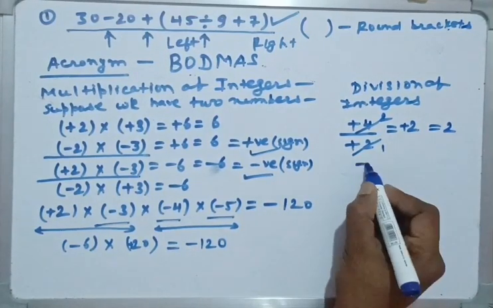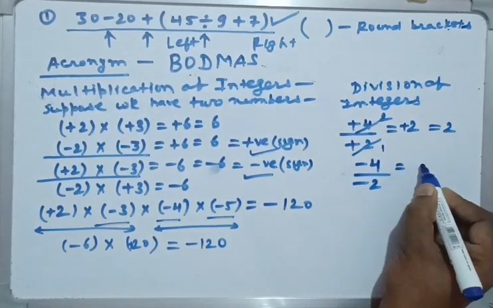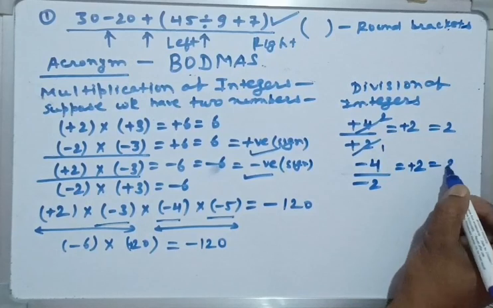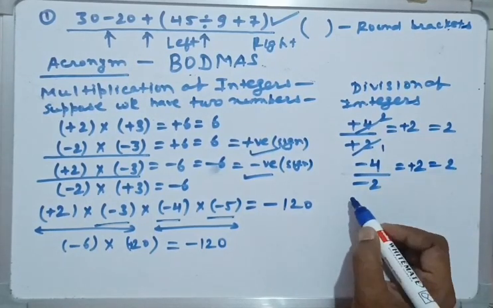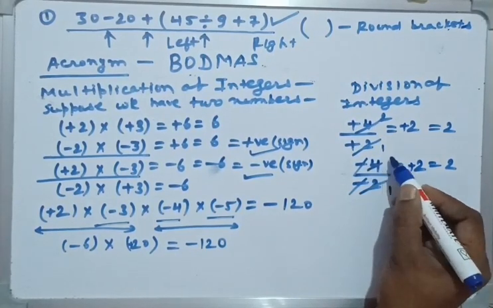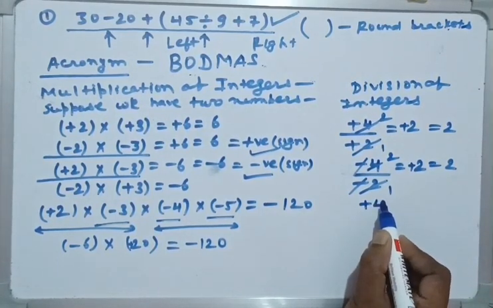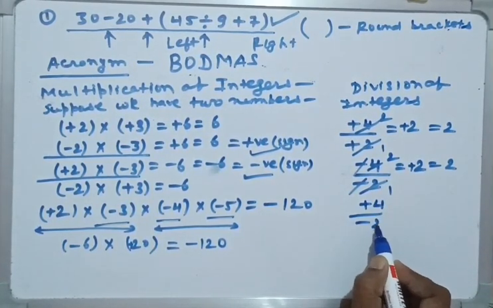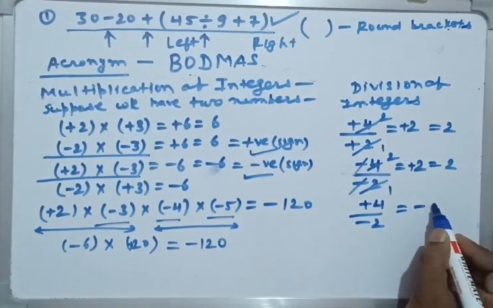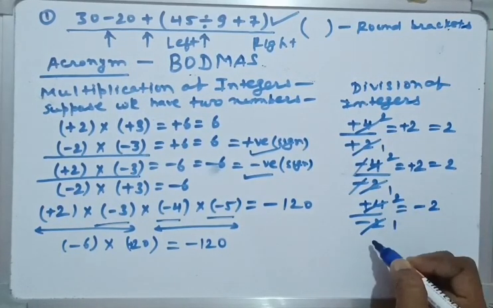Second case guys, if the first number is negative divided by -2, then the answer must have a positive sign, +2, or you can write it as 2. So you can cancel the negatives, 2 ones are 2 and 2 twos are 2. In that case, suppose the first number is positive and the second number is negative. Then the answer must have a negative sign, -2.